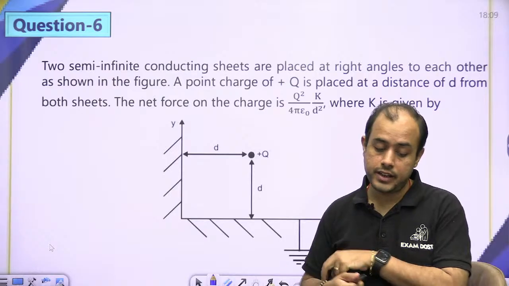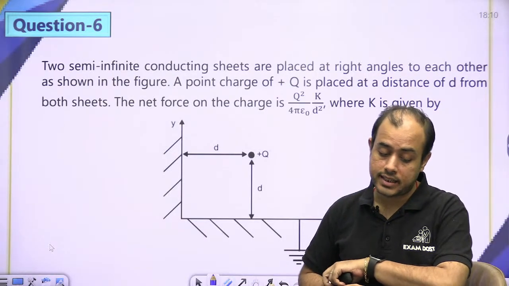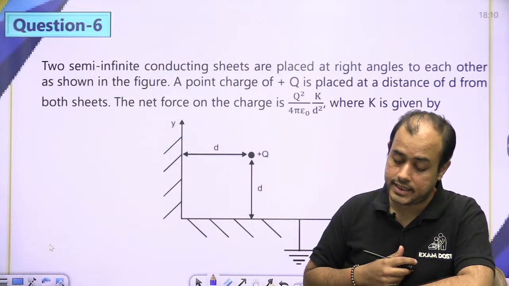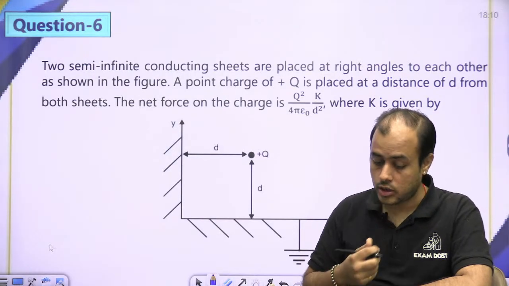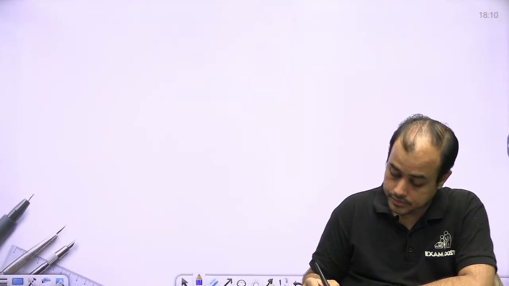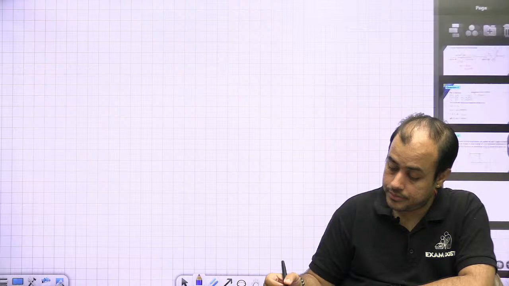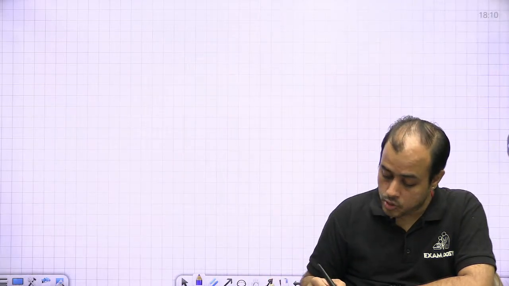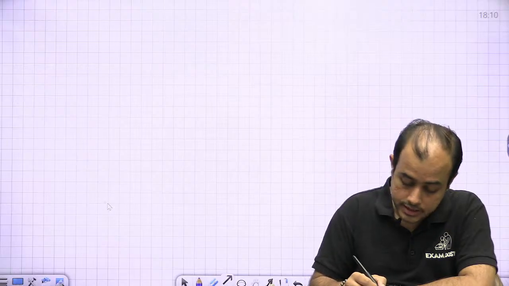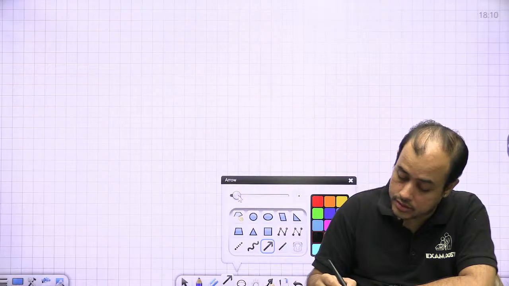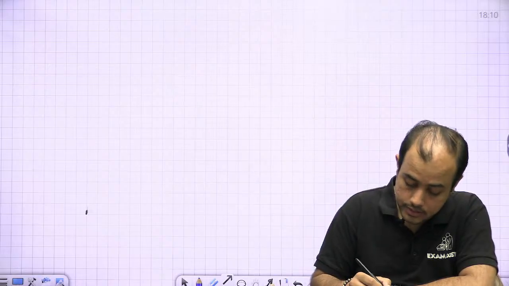Two semi-infinite conducting sheets are placed at right angles. The point charge of Q is placed at D. The net force on the charge is this. अब देखिएगा how to solve this question. मैंने आपको पहले इसका इमेज चार्ज दिखाया था भाई. I already showed you the image charge for this configuration, right?